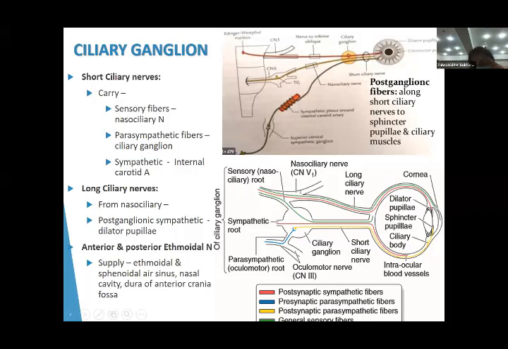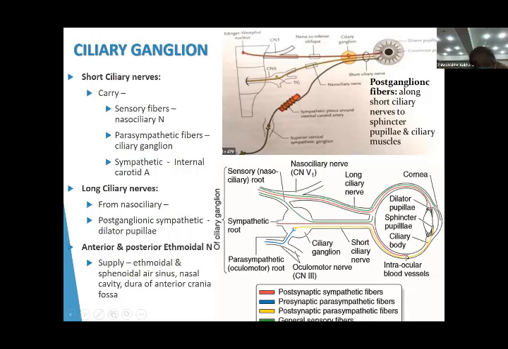So अब post ganglionic sympathetic fibers जो long ciliary के थ्रू जा रहे हैं, they go and supply the dilator pupillae. और यहाँ पे post ganglionic sympathetic fibers जो short ciliary के through जा रहे हैं, they go and supply intraocular blood vessels.